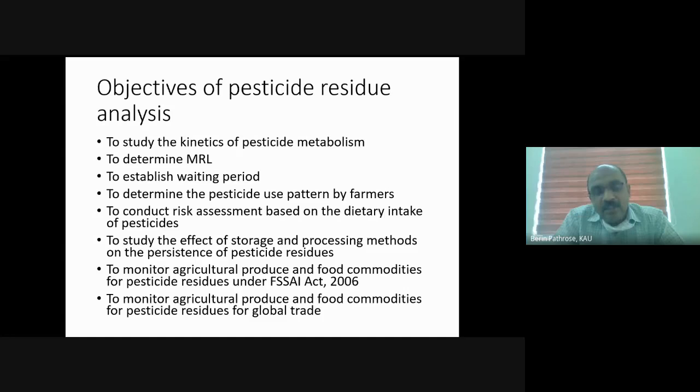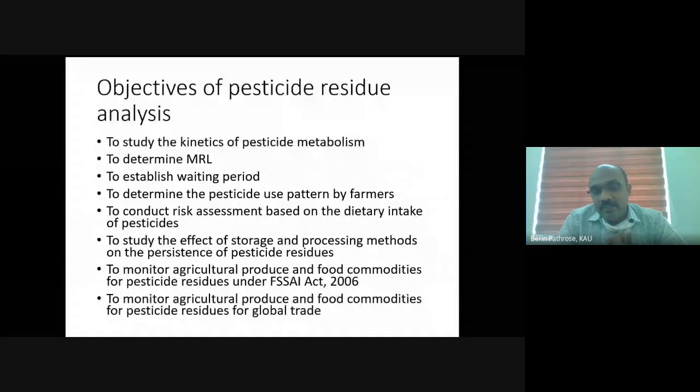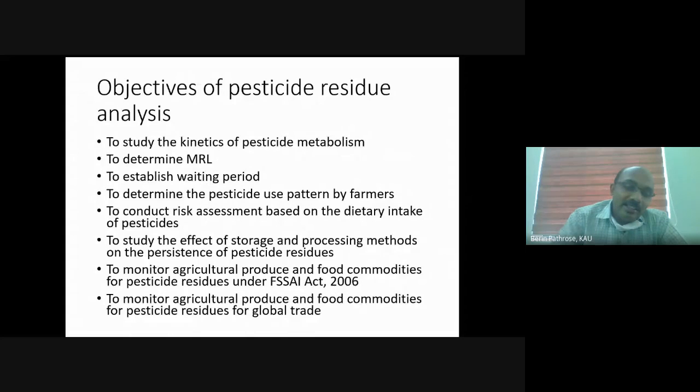Here in our pesticide residue lab, we are analyzing the residues mainly from 4 districts: Ernakulam, Palakkad, Thrissur, and Malappuram. And there is a clear trend in the pesticide use pattern in these districts. We usually get chlorpyrifos residues from Ernakulam district.